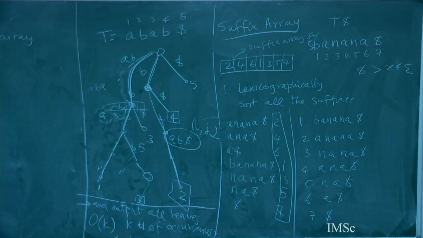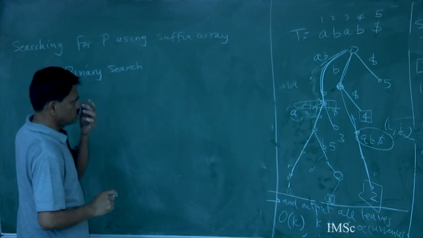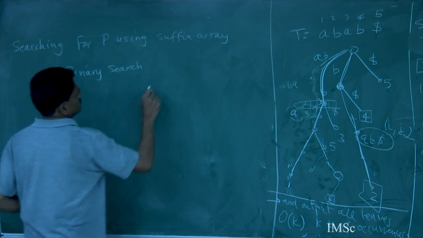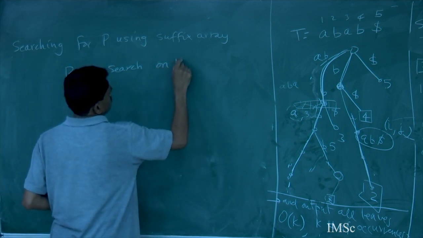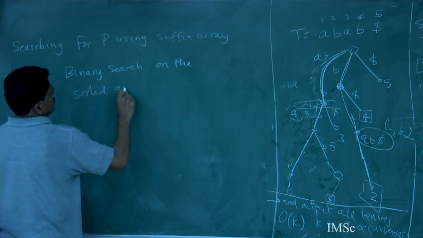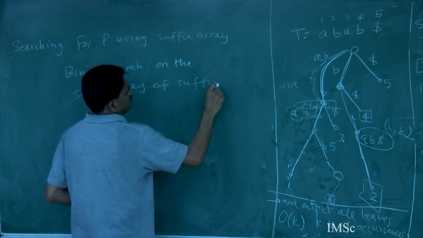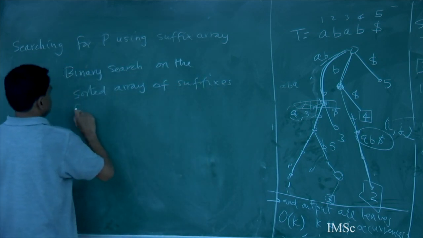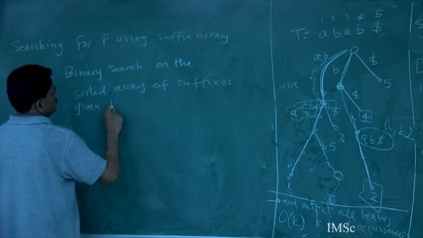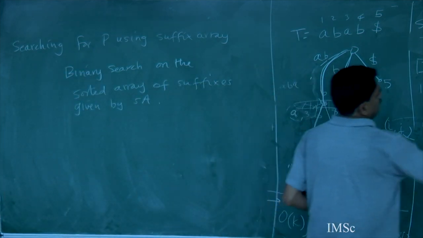What would be a naive running time? This is called the suffix array.